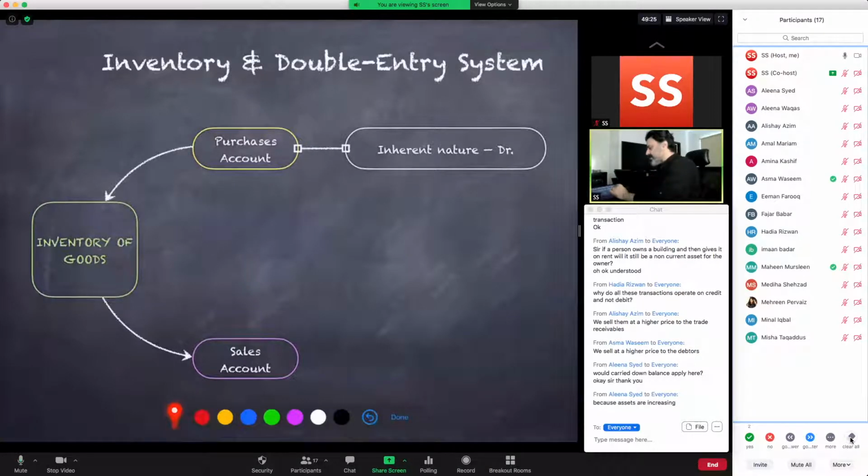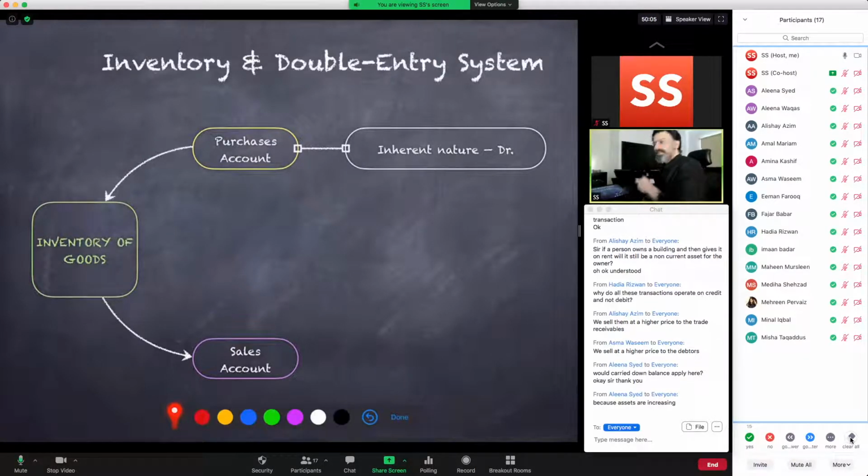Because every time we buy goods, the purchases account will always contribute towards increasing your inventory. Give me a green check or red on the participants, right? So the purchases account is the new account that we have introduced ourselves. In the Chapter 2 assignment that you have submitted and will do today, this account doesn't exist, so no inventory related transactions existed in it, right? So from now on you will have a new account created, the purchases account, and that purchases account has an inherent default nature of being debit. Understood?